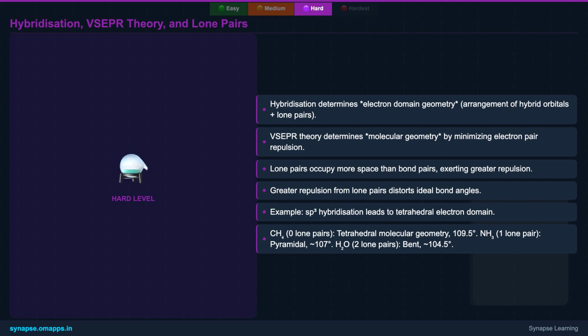Ammonia, with 3 bond pairs and 1 lone pair, also has a tetrahedral electron domain, but its molecular geometry is trigonal pyramidal, and the lone pair compresses the HNH bond angle to about 107 degrees. Similarly, water, with 2 bond pairs and 2 lone pairs, has a bent molecular geometry and an even smaller HOH bond angle of about 104.5 degrees. This interplay between hybridization and lone pair repulsion is crucial for understanding the precise shapes of molecules.